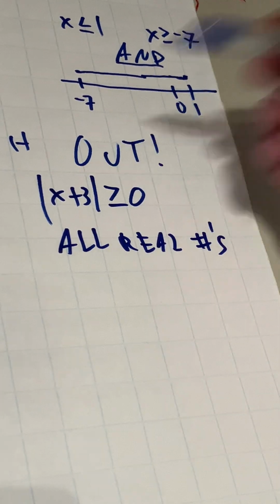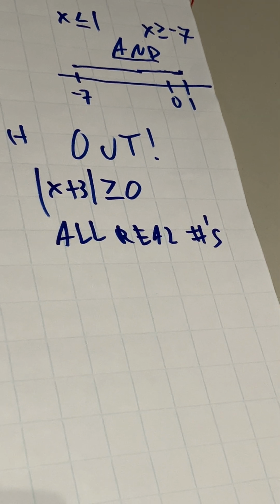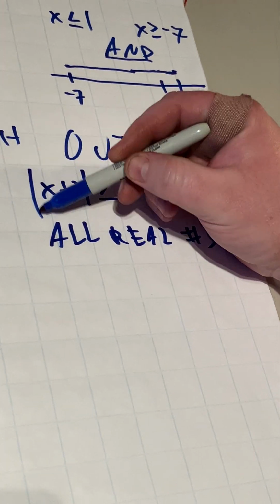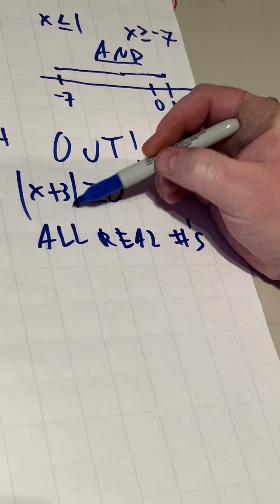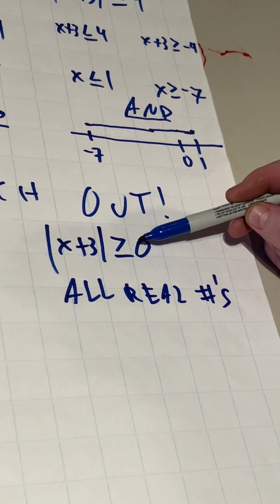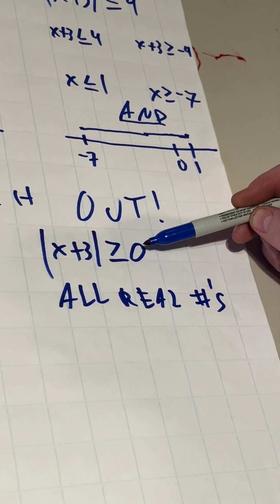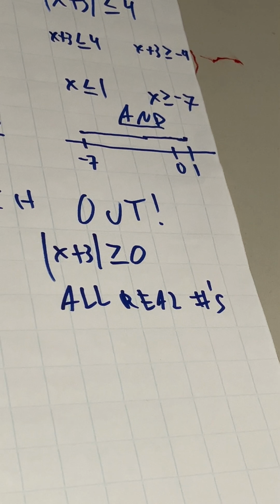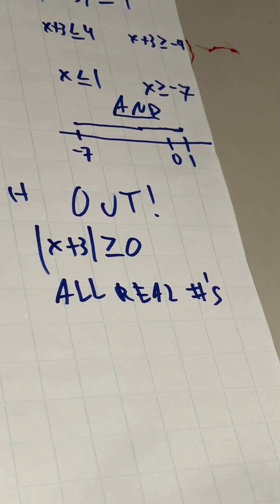No matter what I make x, if I'm taking the absolute value of this entire quantity, I'm always going to get either 0 or a positive number. It's impossible to get anything else. Okay?